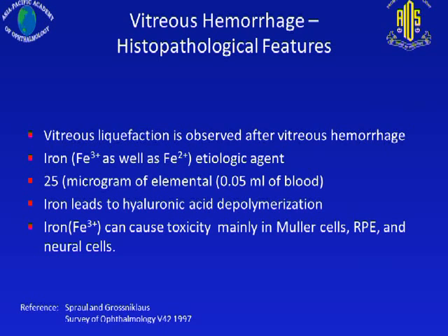Immediately after the hemorrhage, there is a vitreous liquefaction. Iron, Fe3 as well as Fe2, are the etiological agents. Now, it has been shown experimentally that 25 micrograms of elemental iron, which corresponds to 0.05 ml of blood, can lead to iron deposition.